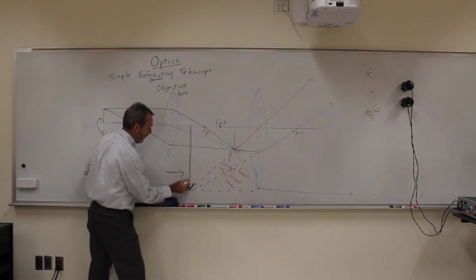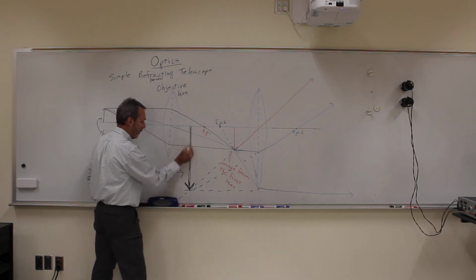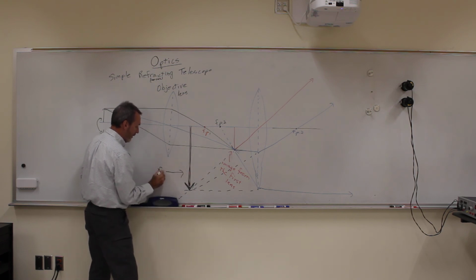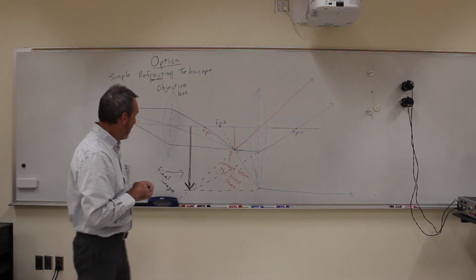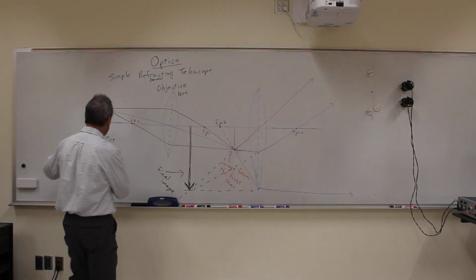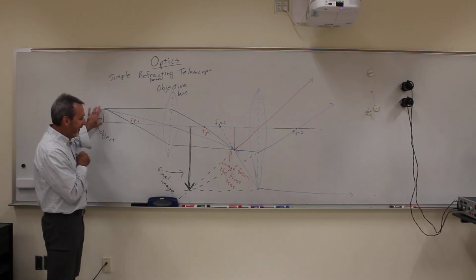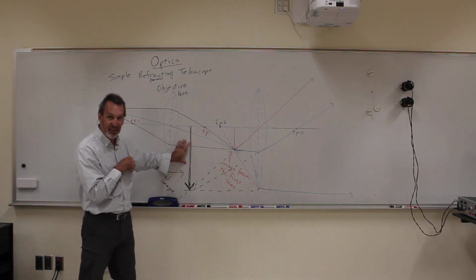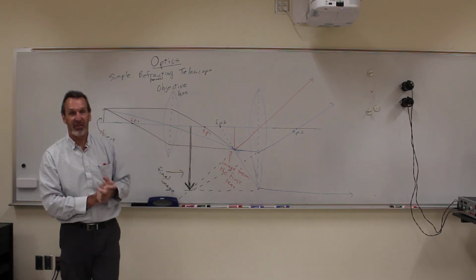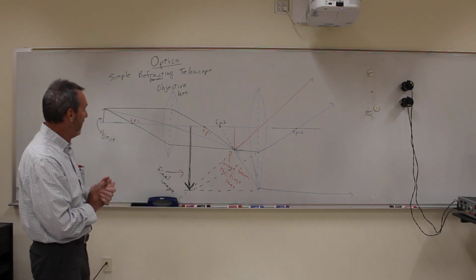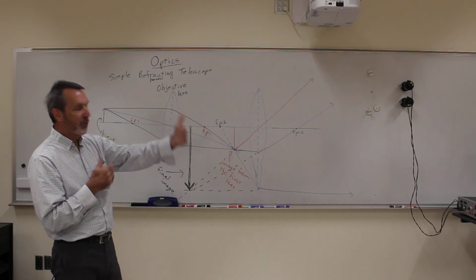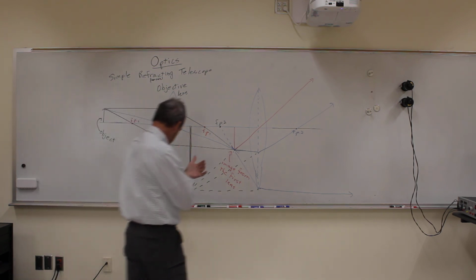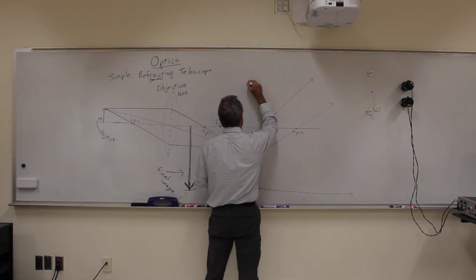This, right here, is the final image. And you see, we've taken an object and we magnified it significantly. We made it significantly bigger than it was originally just by putting 2 lenses in the right configuration. And the name for this lens up here is called the eyepiece.